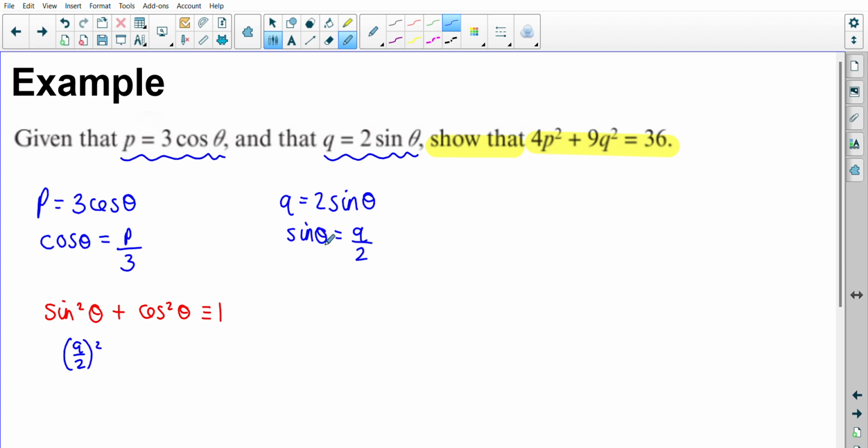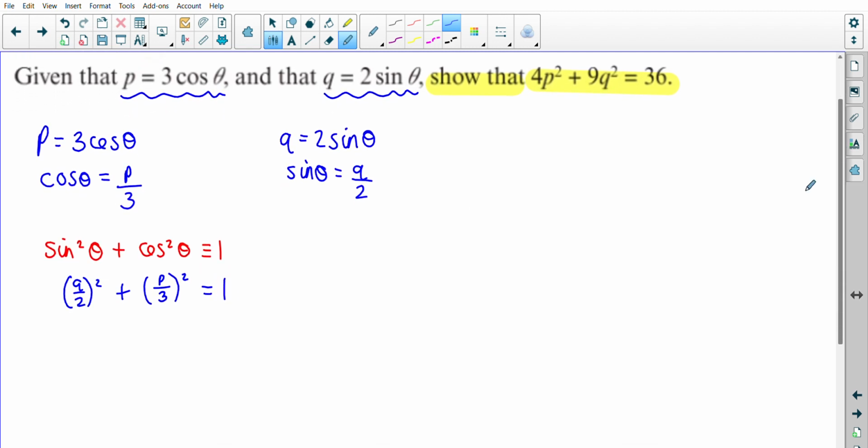Because sin theta needs to be squared, so does the right hand side. And then same with the cos squared theta, it'll be P over 3 squared. And then that will equal 1. Now if I sort this out, Q over 2 squared, using index rules, is going to be Q squared over 4 plus P squared over 9 equals 1.